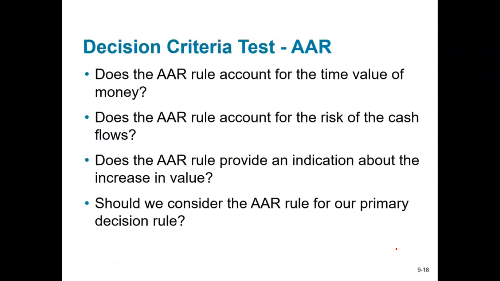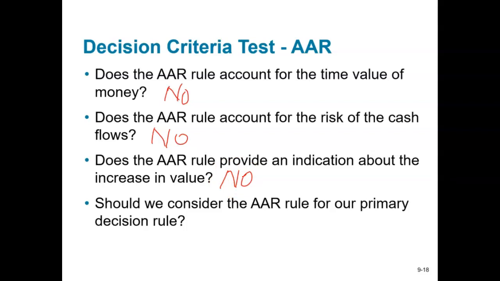Does the AAR rule account for the time value of money? No. In fact, it doesn't even take the cash flows into consideration. Does the AAR rule account for the risk of the cash flows? No. Does the AAR rule provide an indication about the increase in value? We cannot rely on this because it is based on the accounting data.